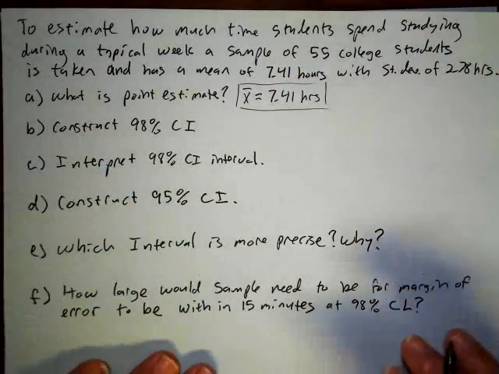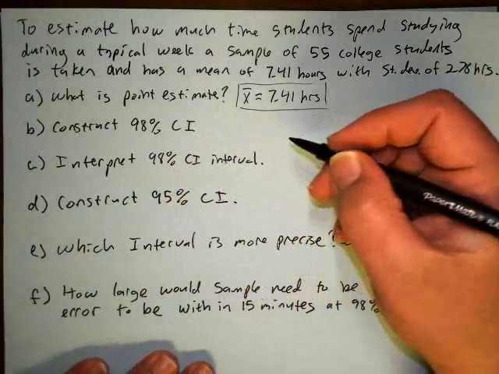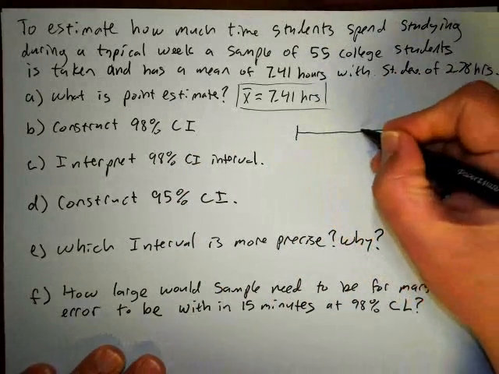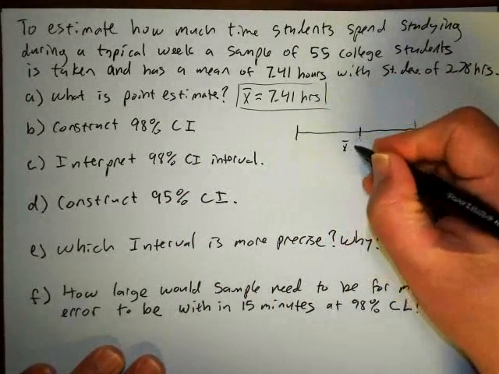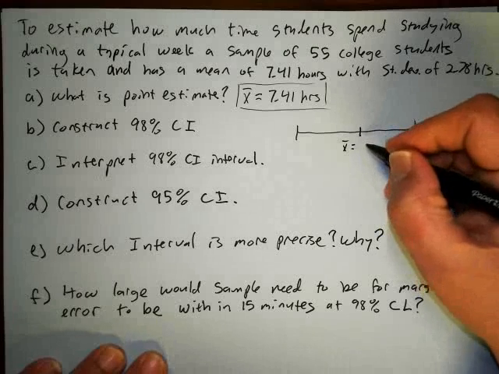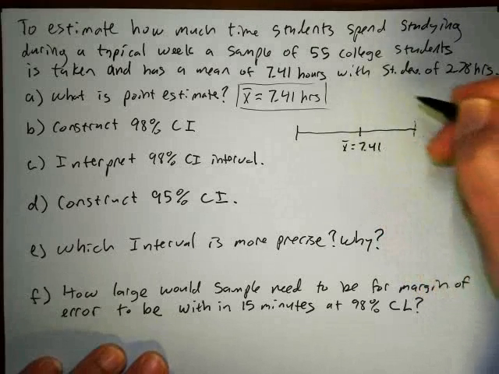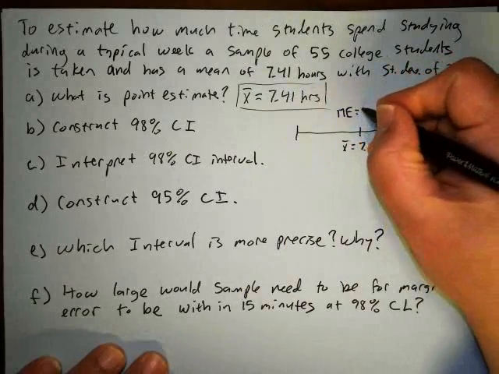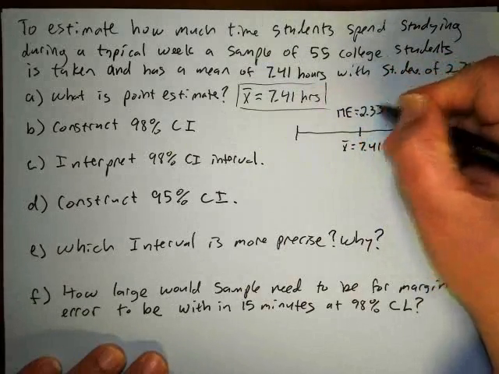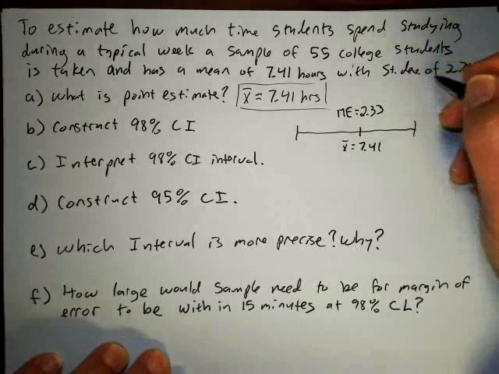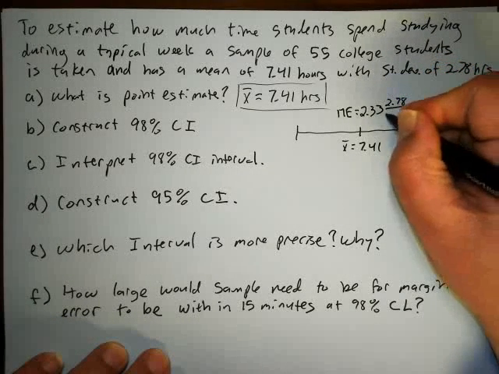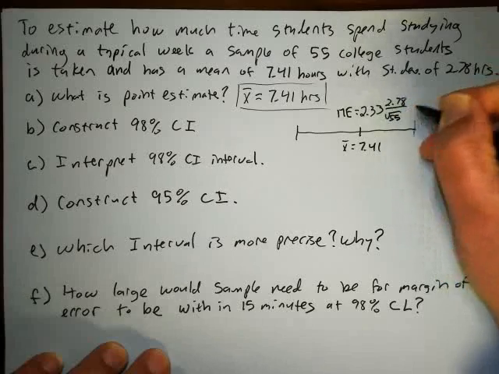So for number 2, it wants you to construct a 98% confidence interval here. So the center of my interval would be the 7.41, the margin of error. For 98% confidence, it's 2.33 for my critical z-value, and then it's going to be times 2.78 over the square root of 55.